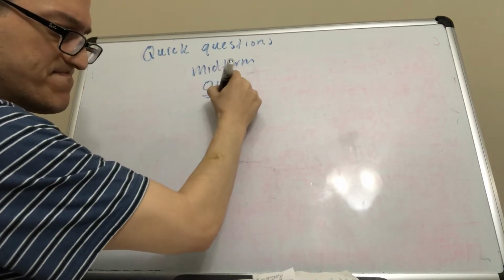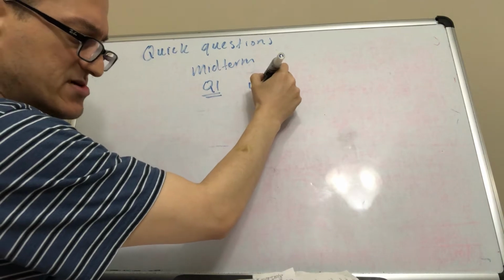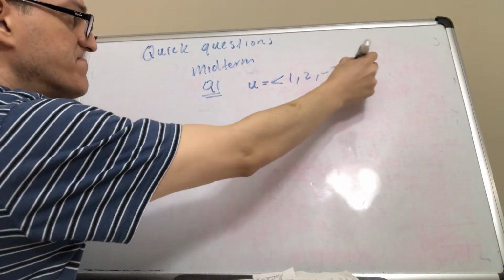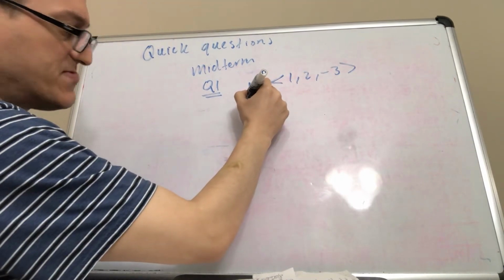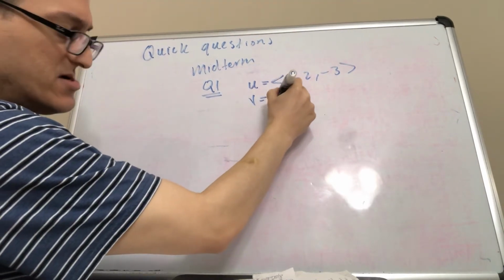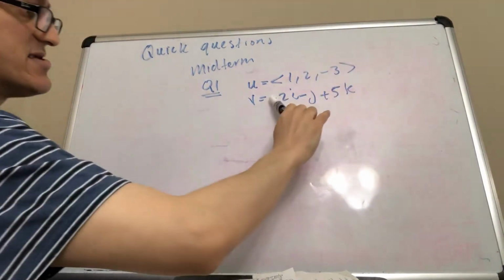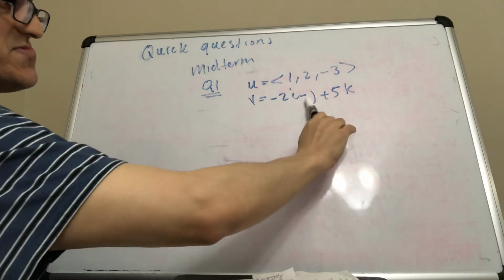question 1, you have the vector u = (1, 2, negative 3). You have the vector v = negative 2i, negative j, 5k. You can also write it as negative 2, negative 1, 5.